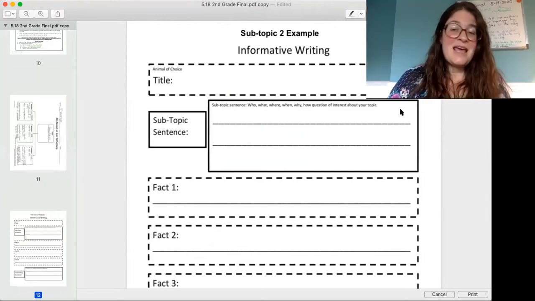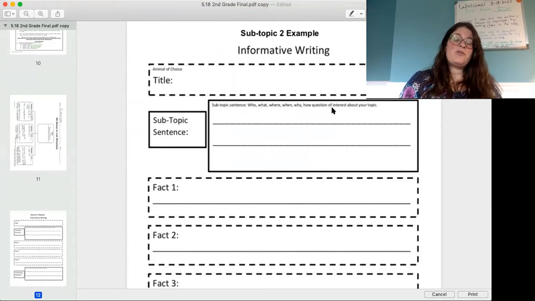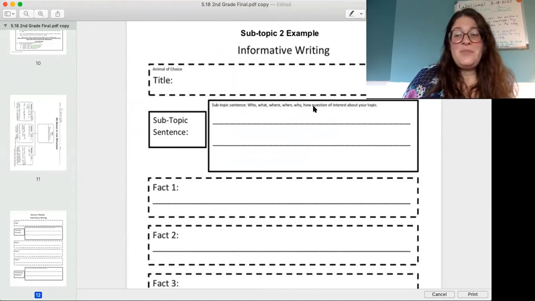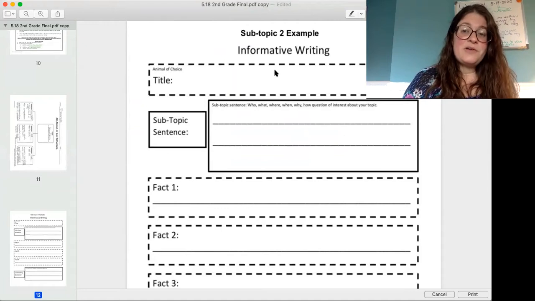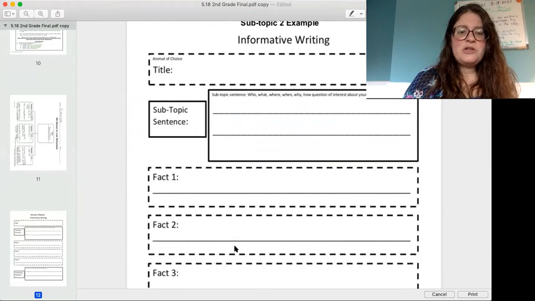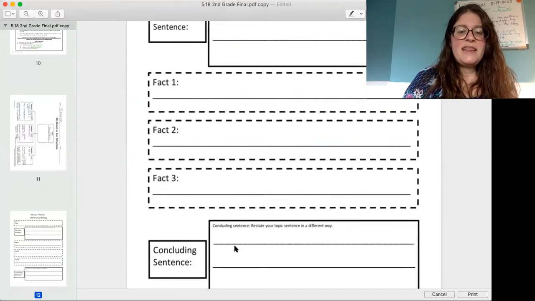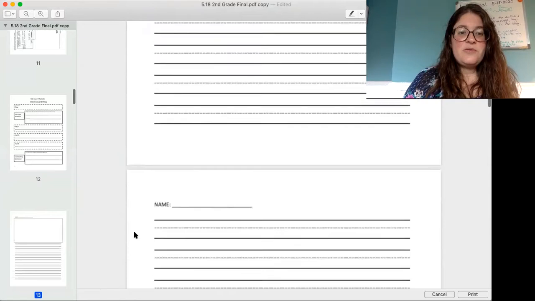Maybe you're in the editing stage or revising where you're just changing a couple things around. But if you're still in the part where you're making new writing and you've done some research and you want to organize that research into a paragraph, this organizer is awesome. And I'll show you why.